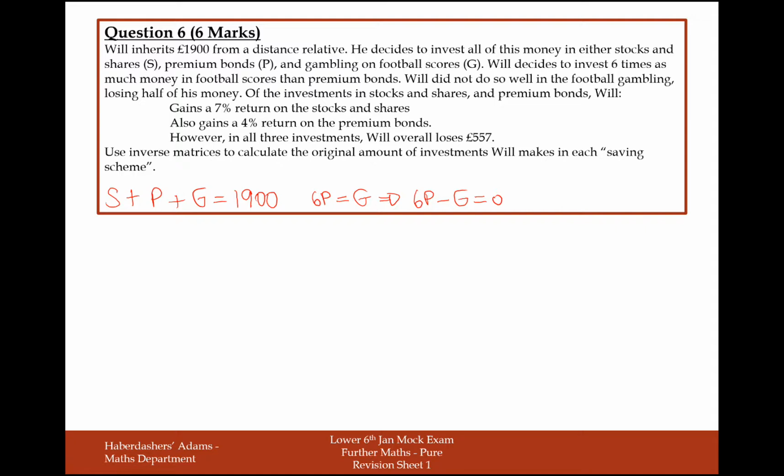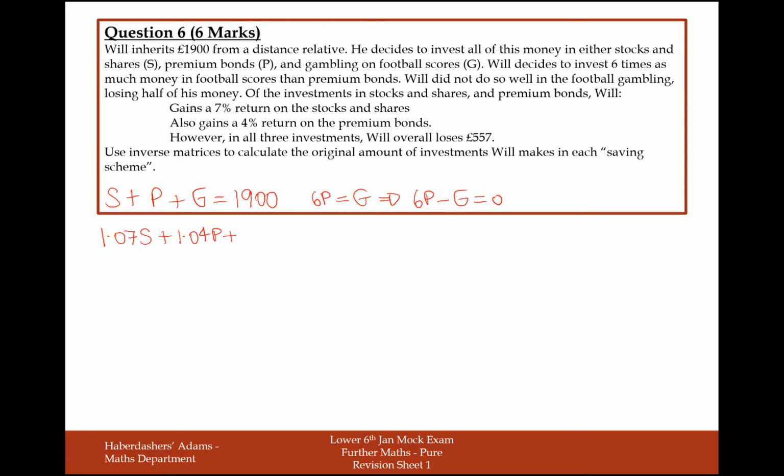The next bit comes from the percentage changes. 7% return on the stocks and shares. Now, if I remember back to my percentage change multipliers, 7% increase is going to be 1.07S. A 4% increase is going to be 1.04P.